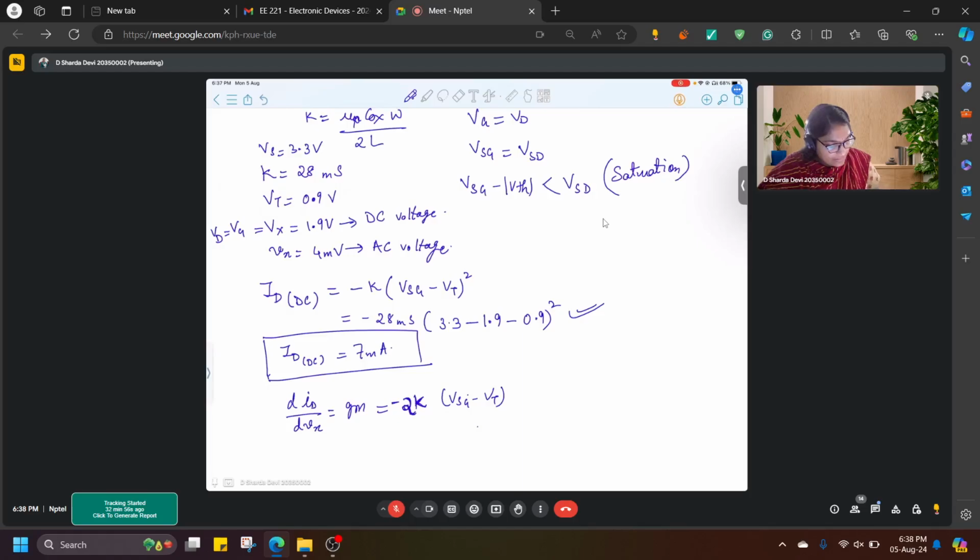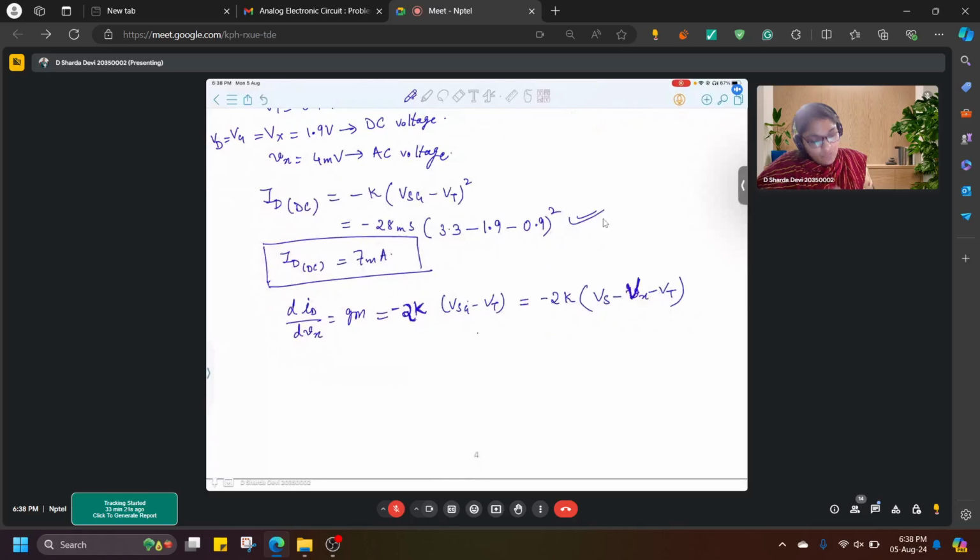VSG can be written as capital VS minus VX, minus VT. Now if we observe the small change in ID and the small change in VS, the AC quantities are these small changes.